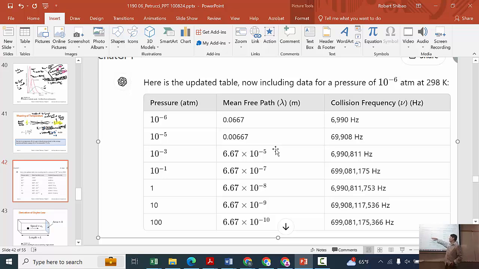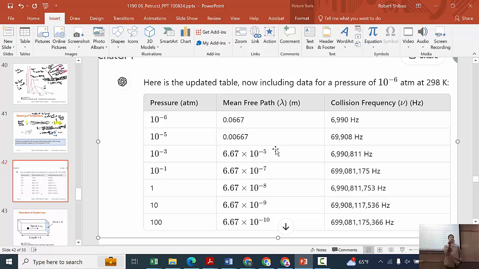If we go to 1 atmosphere, how far does a particle travel before it collides? 10 to the minus 8. 10 to the minus 9 meters is a nanometer. And so about 0.6, or about 670 micrometers. So 670 micrometers, that's in air.